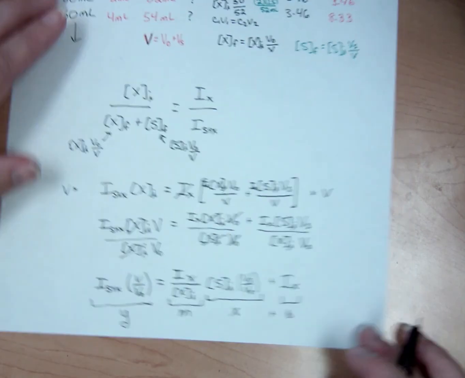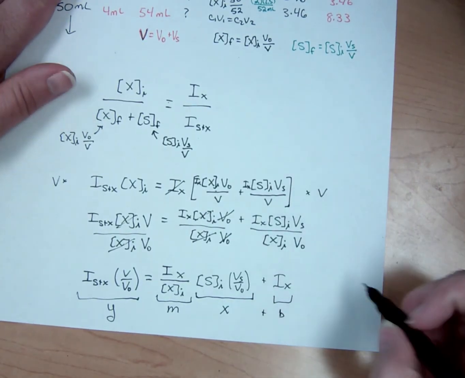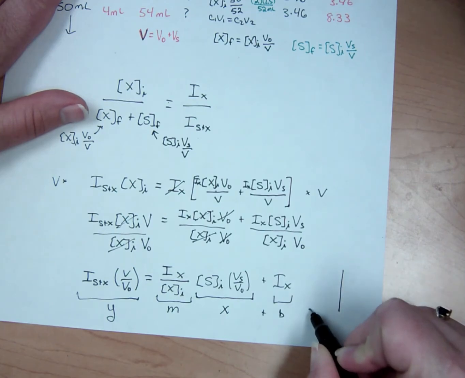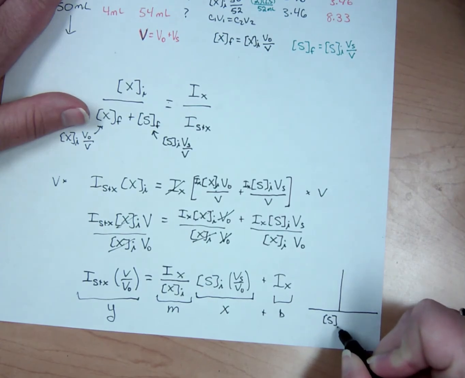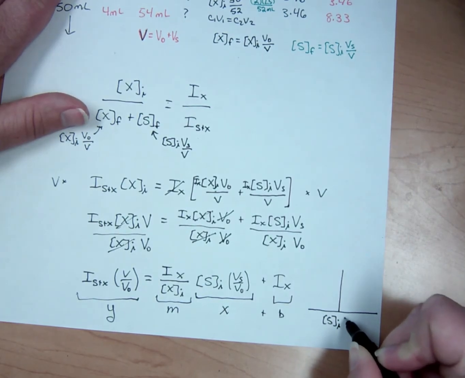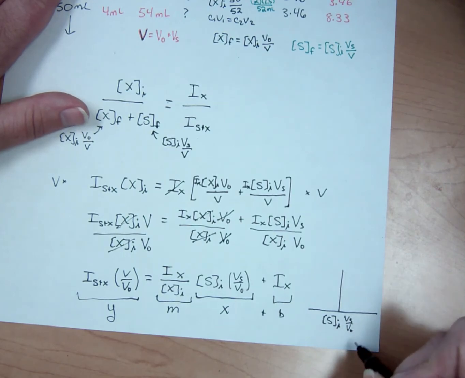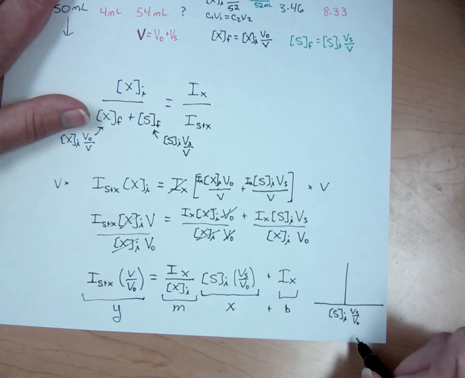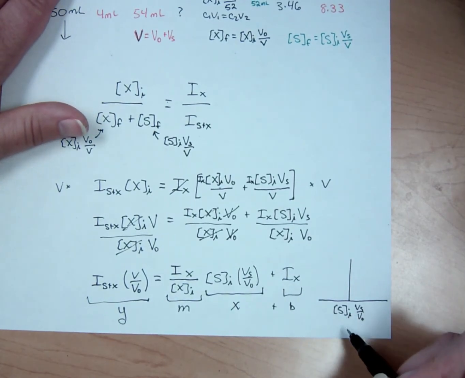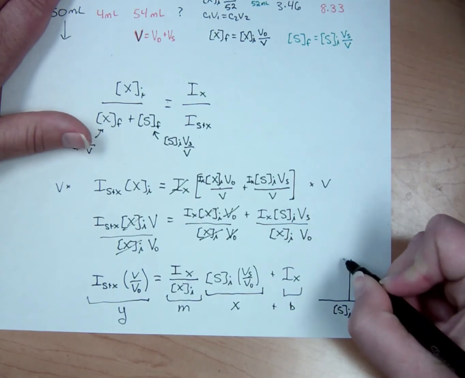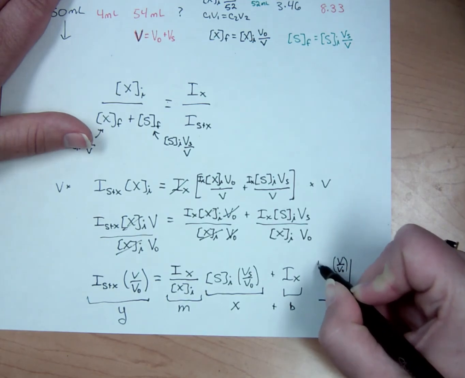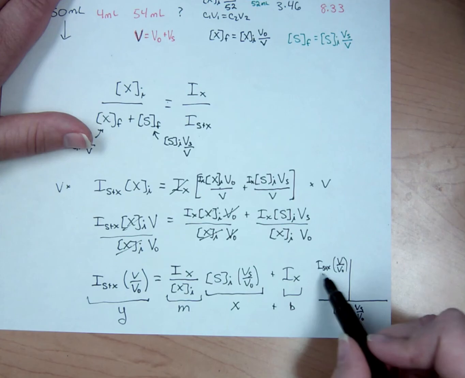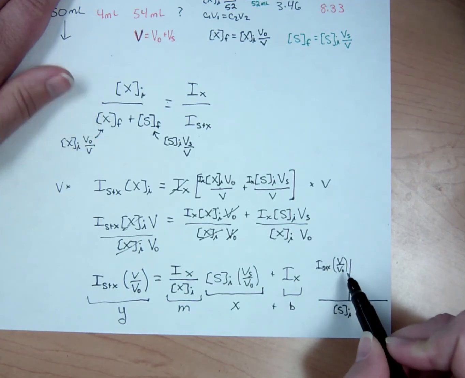Okay, so as I put my data on a plot, on the x-axis we're going to put S initial V_S over V naught. This is a calculated value, all things that we know, right? We selected what volumes we were using, we selected what initial concentration we were using, and then we have this change in volume that we know times our measured instrument response at each mixed solution.